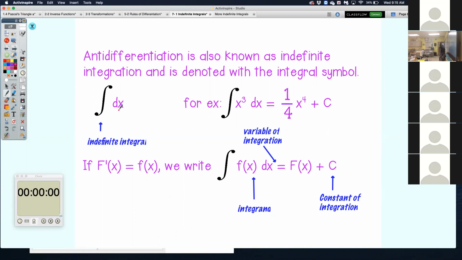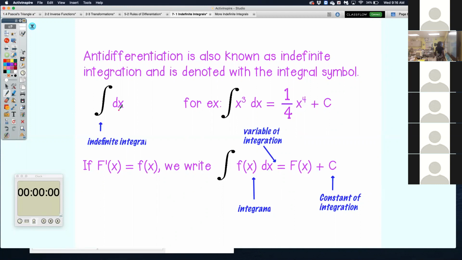The dx that's beside that integral symbol is the notation that goes along with it, okay? You cannot have an integral symbol without having dx or dt or dy. The x could be a different variable, depending on the variable of the function that you're dealing with.